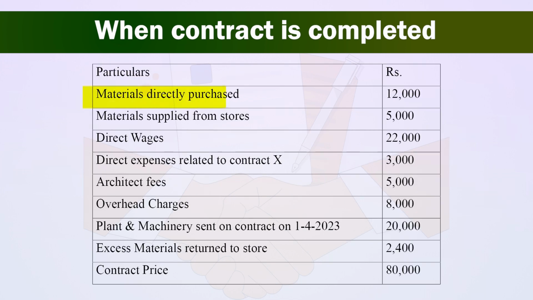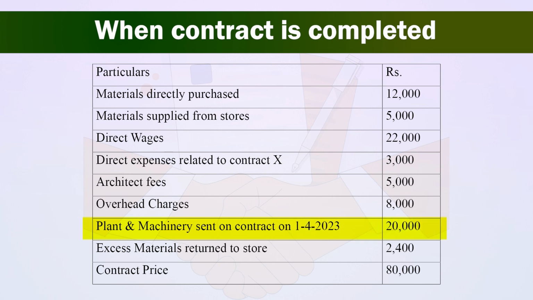Information given is materials directly purchased rupees 12,000, materials supplied from stores rupees 5,000, direct wages rupees 22,000, direct expenses related to contract X rupees 3,000, architect fees rupees 5,000, overhead charges rupees 8,000.